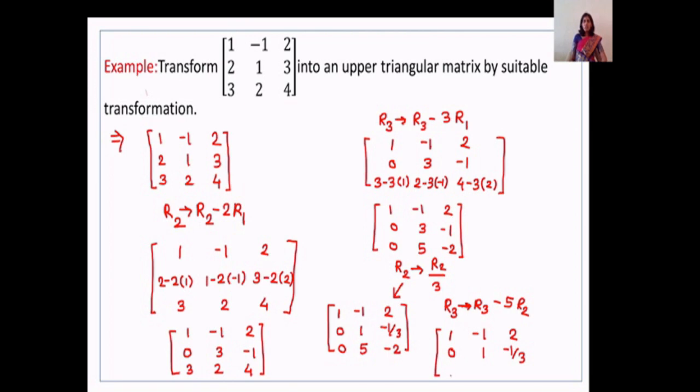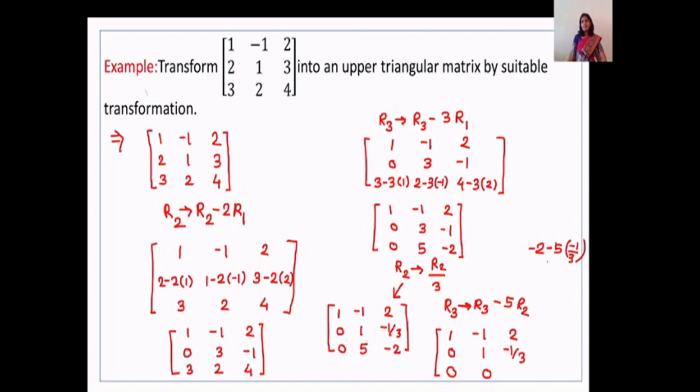0 minus 5 into 0, which is 0. Then 5 minus 5, which is 0. And here is minus 2, we solve here minus 2 minus 5 into R2 is minus 1 by 3.